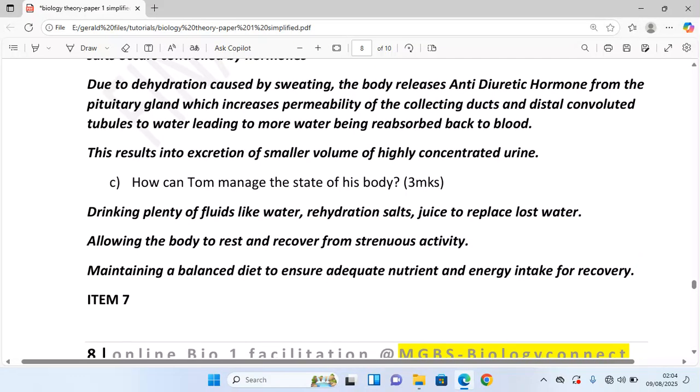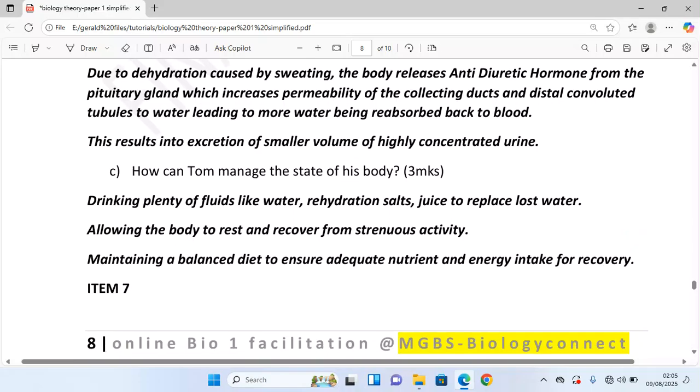Remember, we highlighted how the small volumes of urine came about. Due to dehydration caused by sweating, the body releases antidiuretic hormone from the pituitary gland, which increases the permeability of the collecting ducts and distal convoluted tubules to water, leading to more water being reabsorbed into the blood.